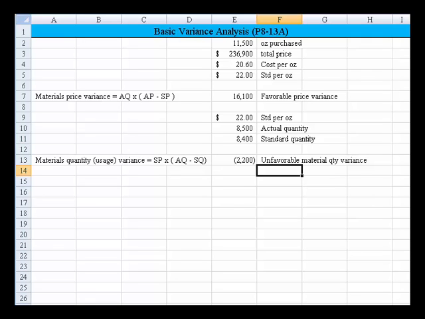In either case, 16,100 less 2,200 is a nice positive number that seems to tell us that if there is an unfavorable material quantity variance, it's relatively small relative to the benefit we'll get from entering into a long-term contract at the $20.60 cost per ounce. And that takes care of part 1A and part 1B.